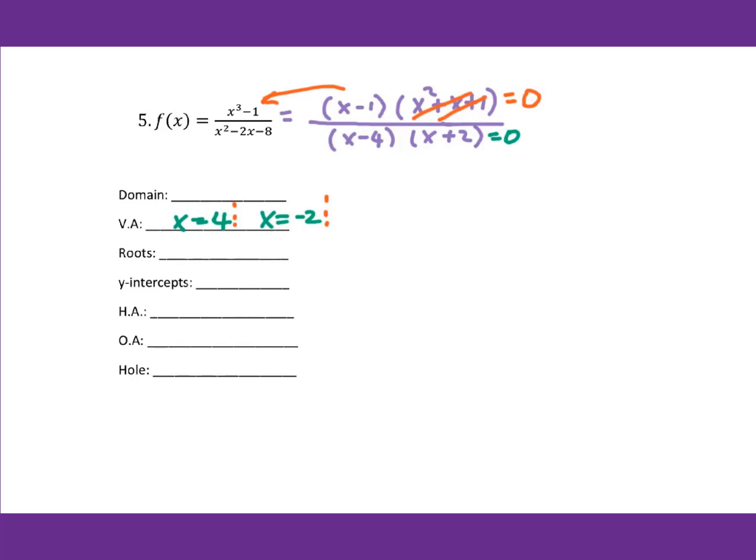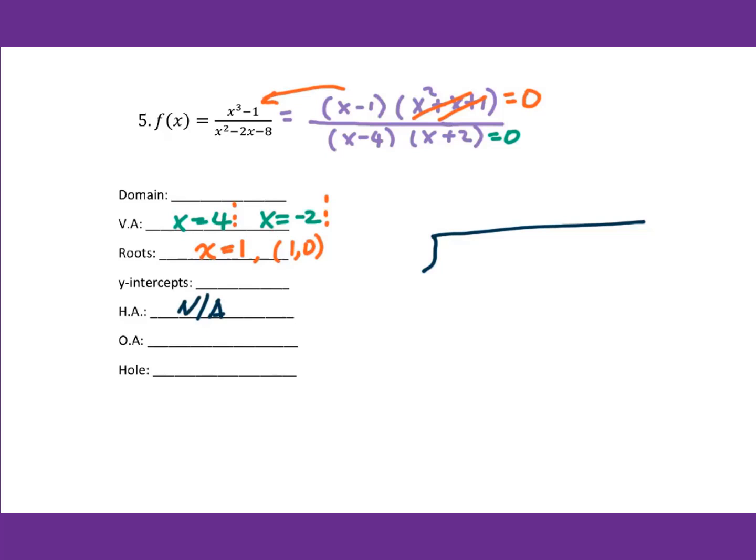In other words, only x minus 1 equal to 0, so x equals 1. (1, 0) will be the root. No horizontal asymptote line.